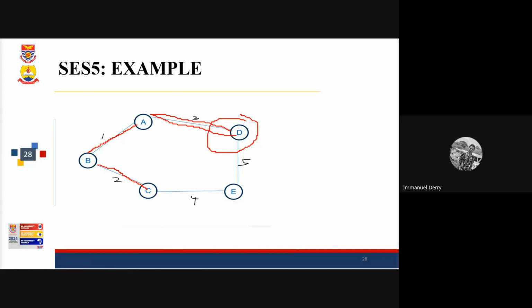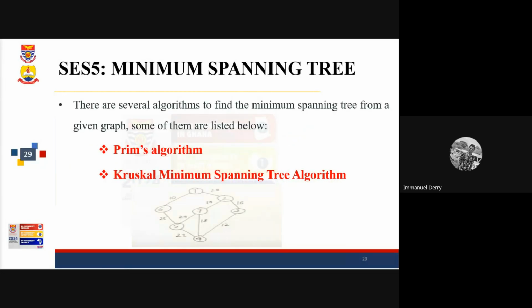So we select that one and then similarly this one as well. So this becomes the minimum spanning tree, just as we got for the Prim's algorithm with the weight of 10. Please, are we clear? Any question?